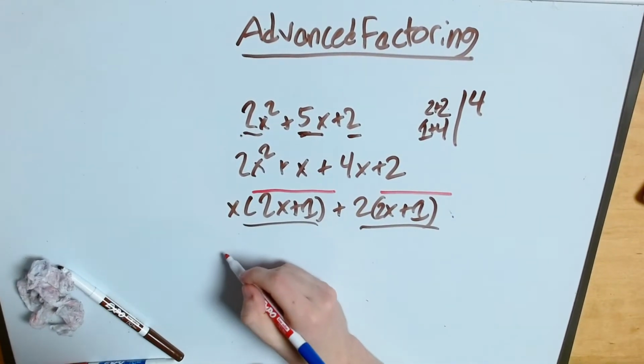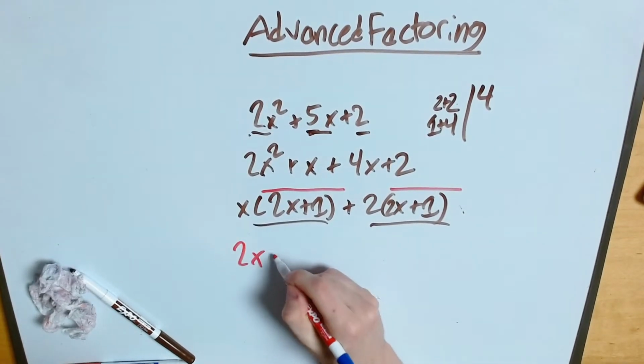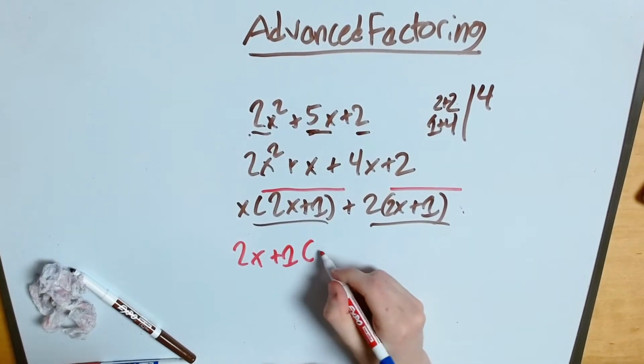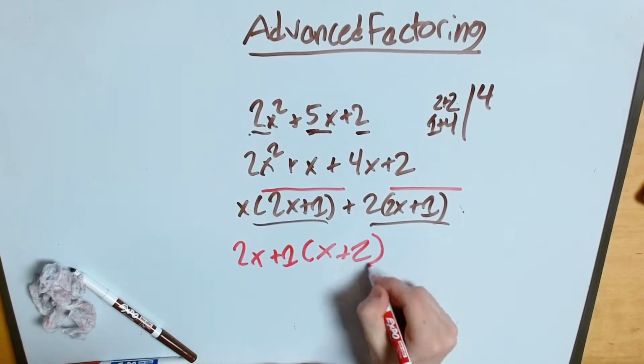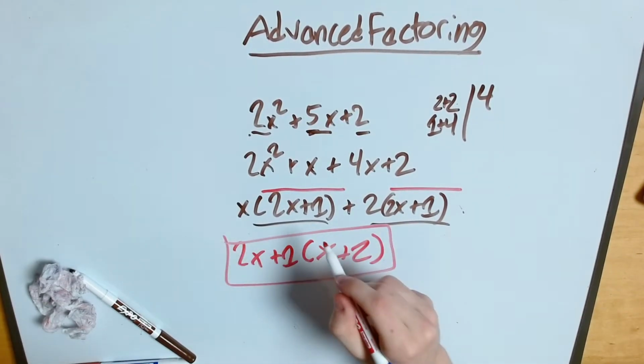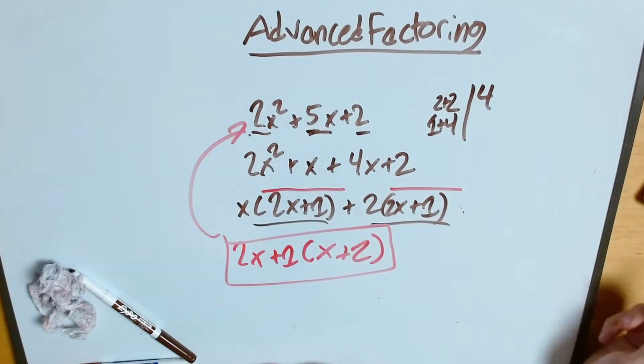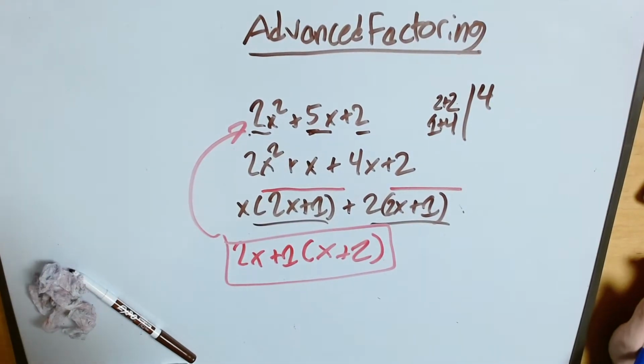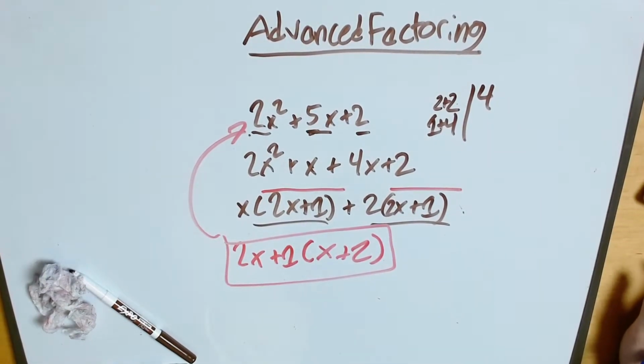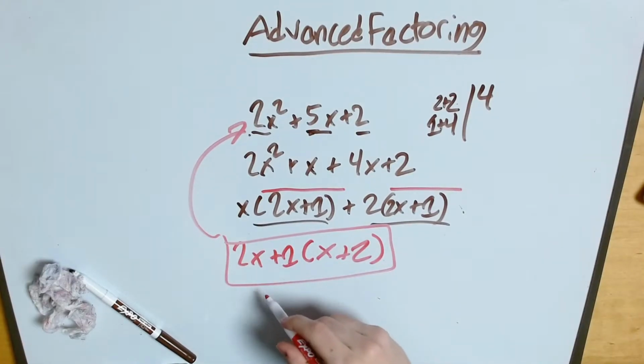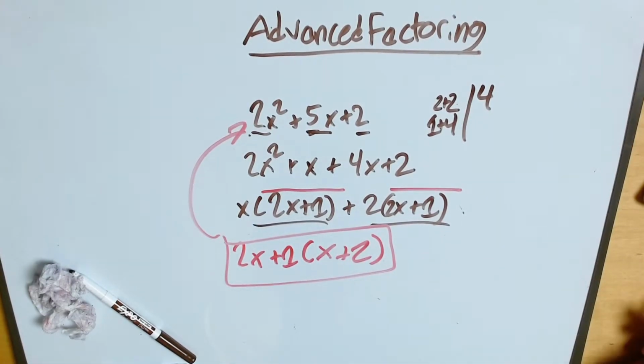So I'm going to have 2x plus 1 times x plus 2. And if you look at it, we realize that we've actually factored this original big nasty expression into two smaller terms. And we've done this pretty successfully by grouping.